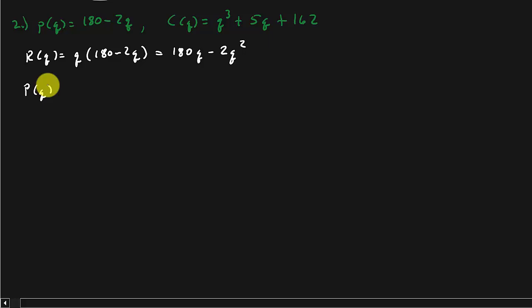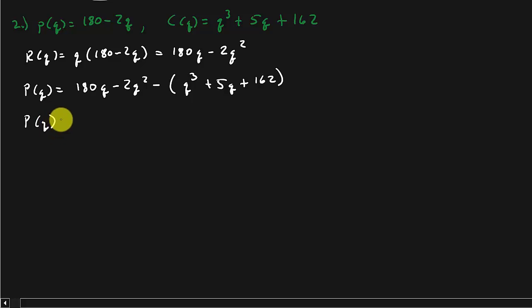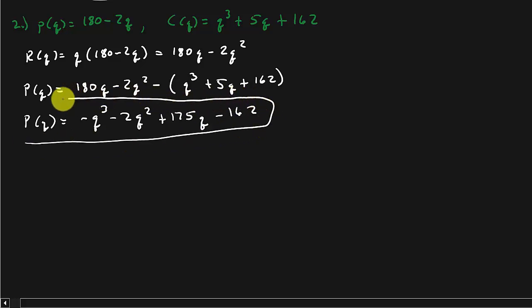And then our profit is going to be our revenue, 180Q minus 2Q squared, minus our cost, Q cubed plus 5Q plus 162. And so our profit is going to be negative Q cubed minus 2Q squared. And then I've got 180 minus 5, so that's plus 175Q minus 162. So there's your profit.